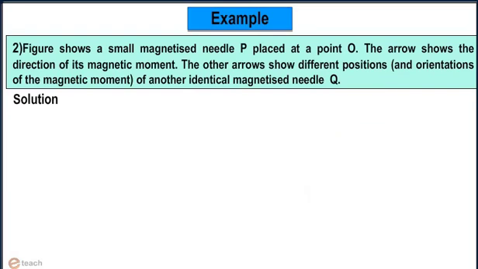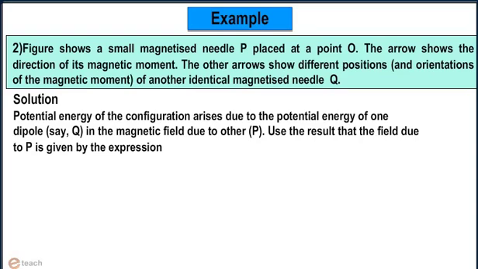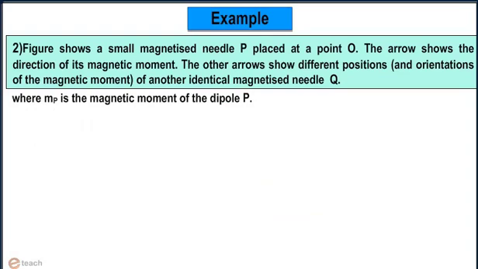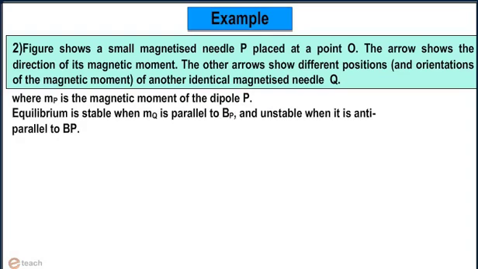Solution. Potential energy of the configuration arises due to the potential energy of one dipole, say Q, in the magnetic field due to the other, say P. Use the result that the field due to P is given by the expression B_E equals minus mu naught m by 4 pi r cubed and B_A equals mu naught into 2m divided by 4 pi r cubed, where M_P is the magnetic moment of the dipole P. Equilibrium is stable when M_Q is parallel to B_P and unstable when it is antiparallel to B_P.